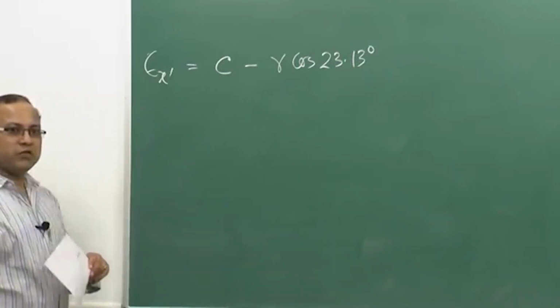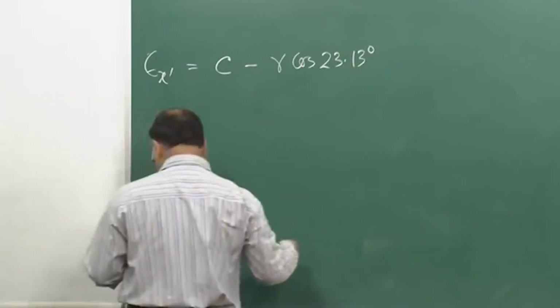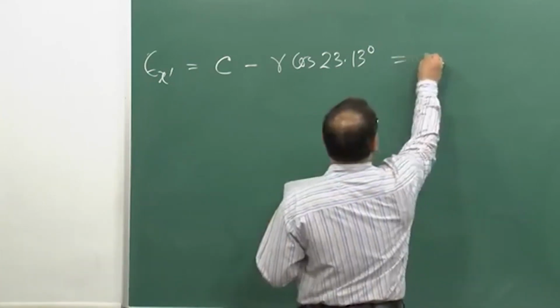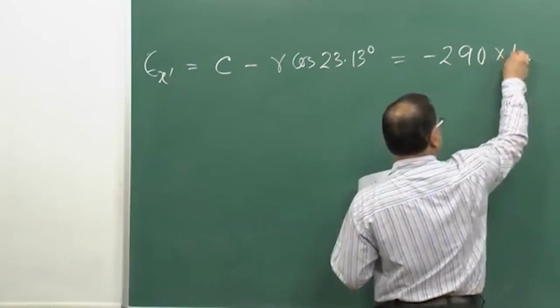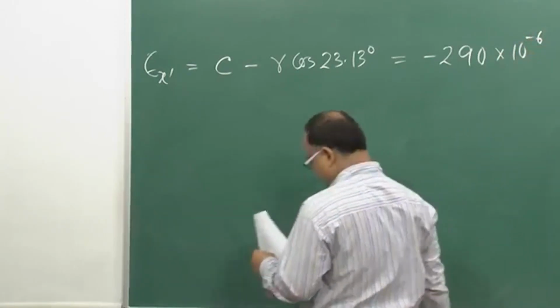If you look at the Mohr circle, you will get it. So, that gives me minus 290 into 10 to the power minus 6.